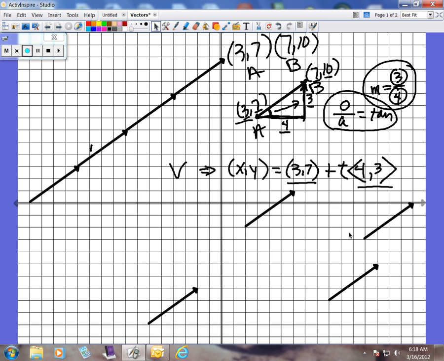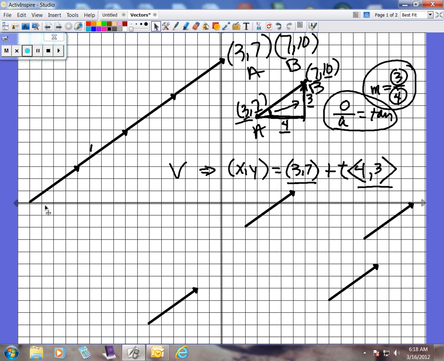Not for this parametric equation. We'll erase this in a second so you can see how this is done with it, but I'll explain it over here where I've put these vectors together. But basically, this is a vector. Let's show how this works.